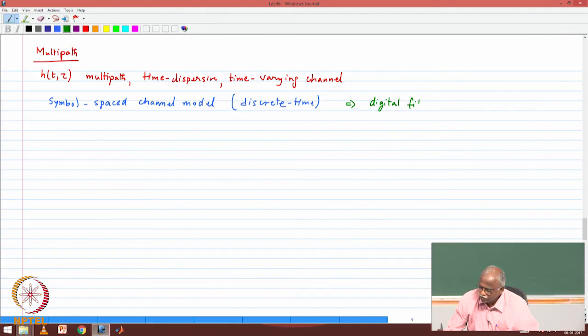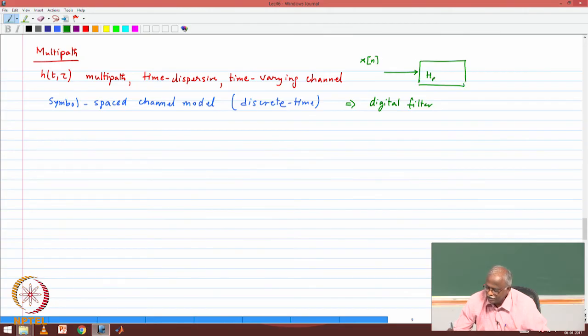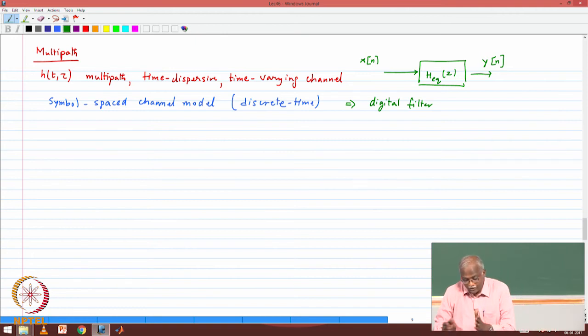I can represent my input as x of n, my channel as some h equivalent of z, and the output as y of n. Of course it is time varying, so if I take a snapshot in time, I get a digital filter.